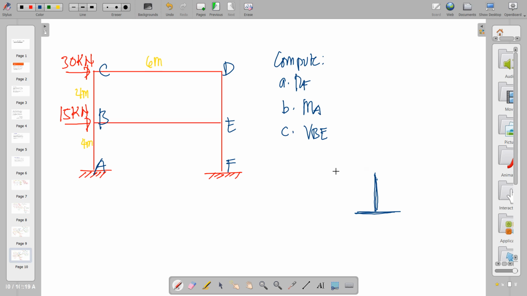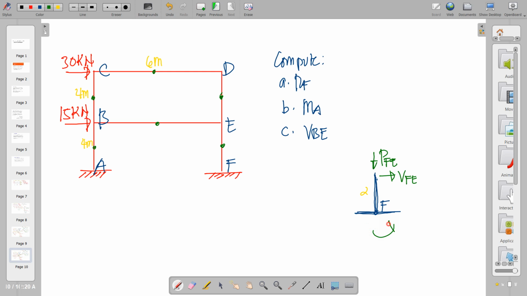So if this is the portal, see this is point F, this is half, point of inflection, therefore this is 2, and there will be a corresponding actual force here, say PFE, and shear along FE.